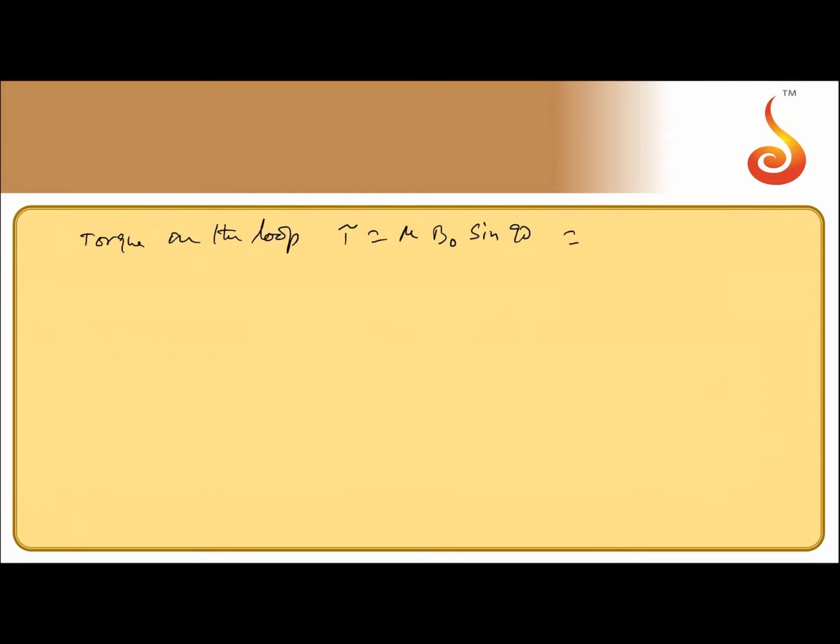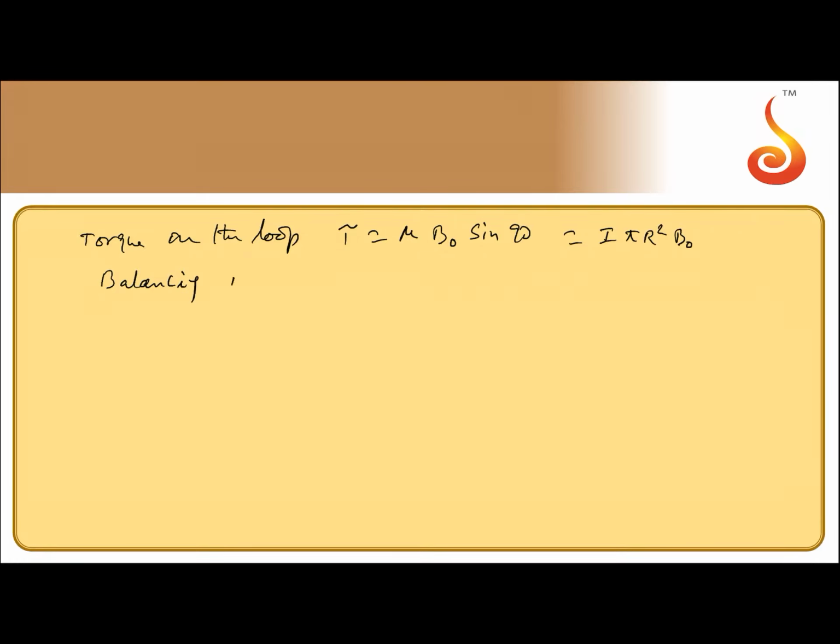So this will be simply I into pi r square into B naught. Direction is mentioned in the figure. So balancing torque on the disc, let us balance the torques.